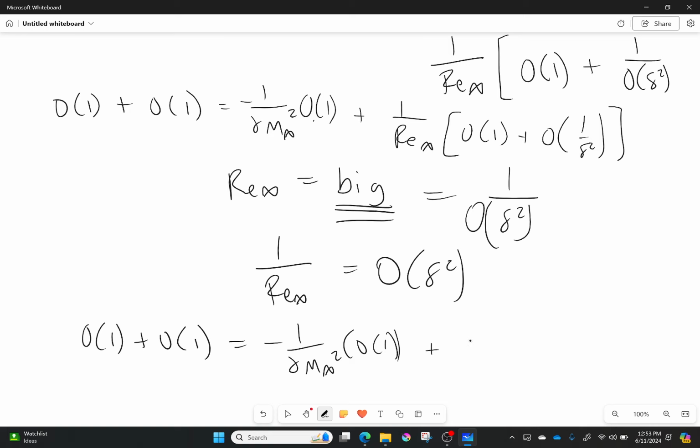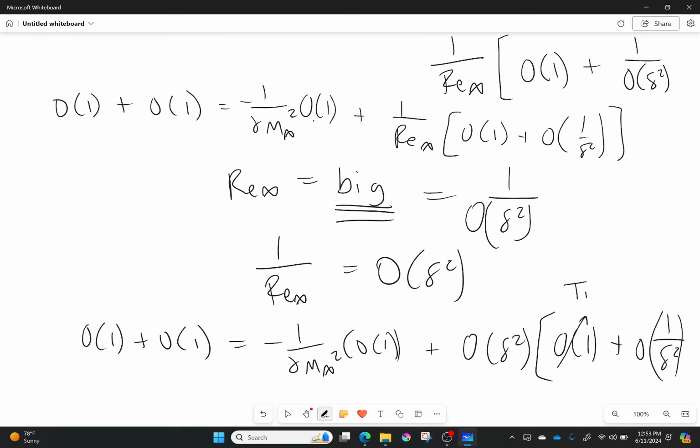And so I have then order of delta squared, which is tiny, because it's 1 over my Reynolds number, times order of 1 plus order of 1 over delta squared. And what we're going to see is that this term right here is tiny then, because it's being multiplied by order of delta squared.